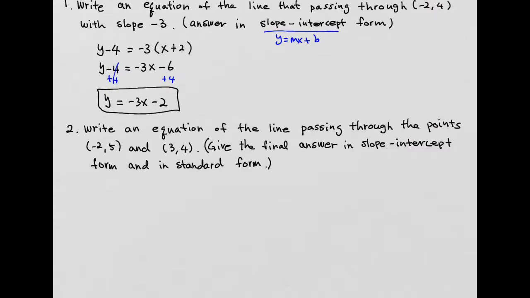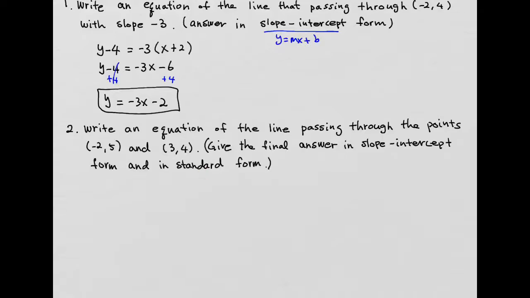Now look at the second problem. It's a write an equation problem. So again, when it says write an equation, I know I'm going to use the point-slope form of the line passing through the points (-2, 5) and (3, -4). And they want you to answer in slope-intercept form, but also in standard form.